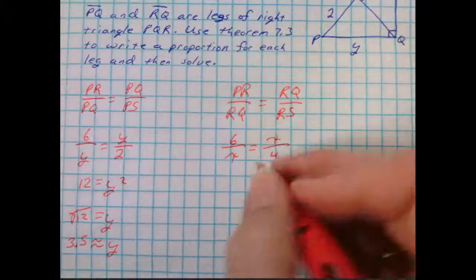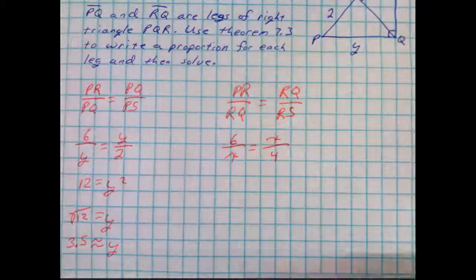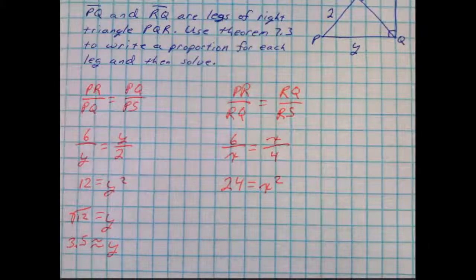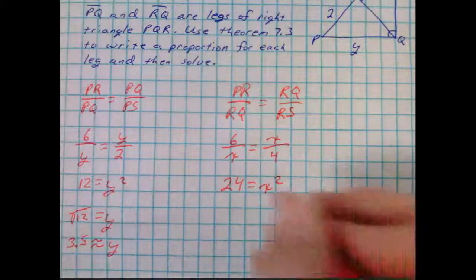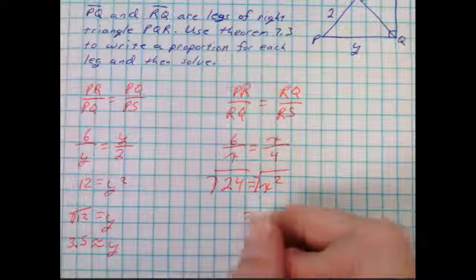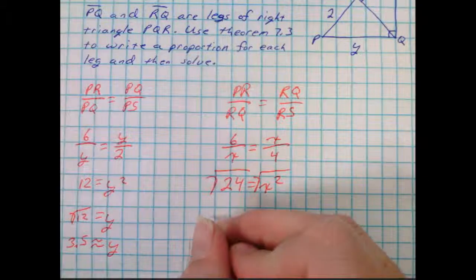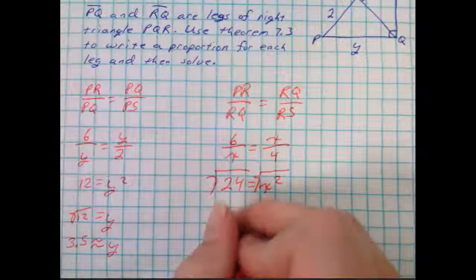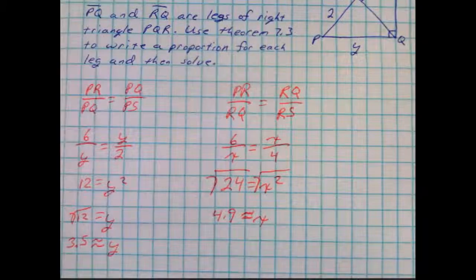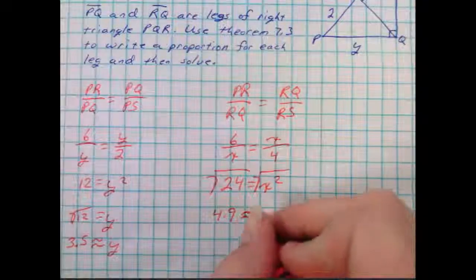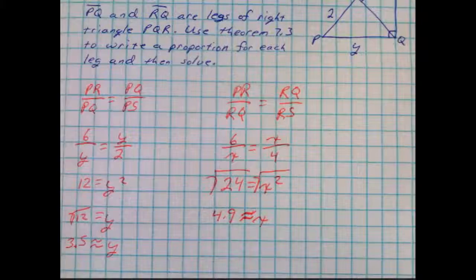Again, cross products. 6 times 4 is 24 equals x squared. Then we're going to do the square root of both sides. We end up with x approximately 4.9. So we're just plugging those different pieces in and solving. And this is my little approximate symbol. I apologize.